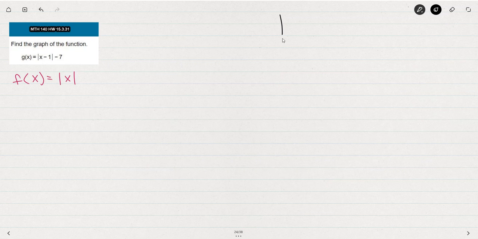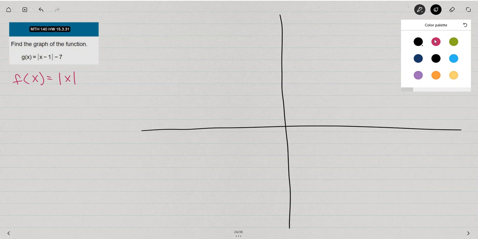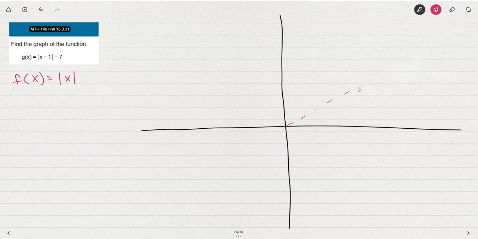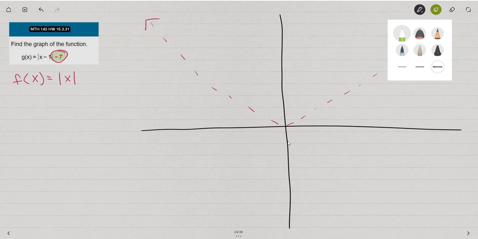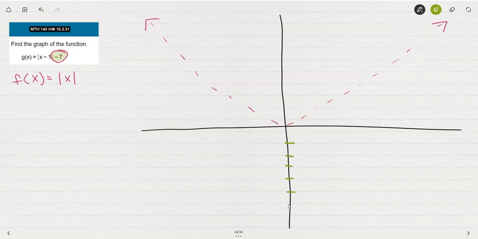If I were to graph that, I'd get this function, right? That's our starting point. But when I go vertically 7, 1, 2, 3, 4, 5, 6, 7, I'm going to move the graph down here, so we're starting down here.